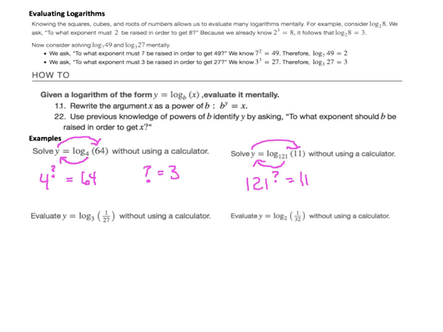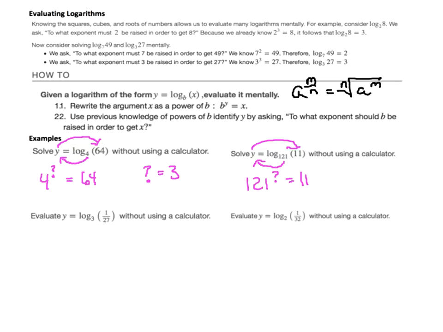I'll remind you again, a to the m over n is equal to the nth root of a to the nth power. And because I know my squares and my square roots backwards and forwards, I know that 11 squared is 121. So if I take the square root of 121, I get 11.